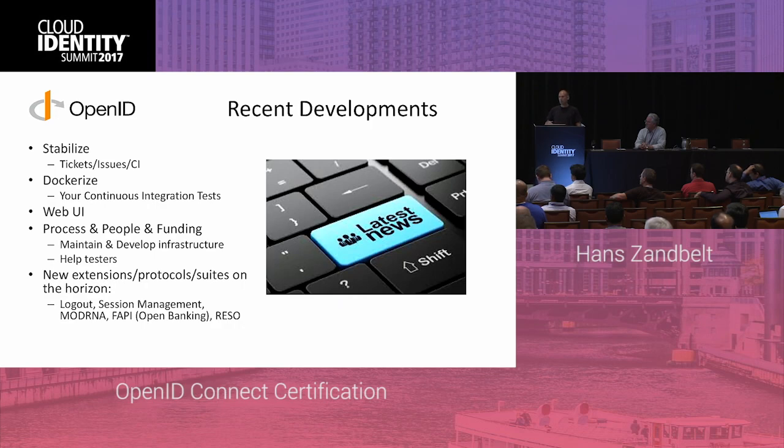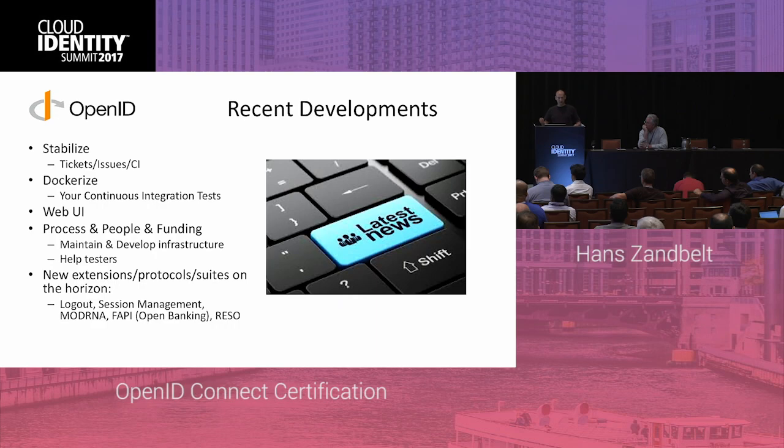We see this coming because we see other profiles of OpenID Connect under development, and some of these profiles are probably interested in building out certification for their own profiles on top of the existing certification suite. So that's what we're looking into today. There are additional features in the OpenID Connect specifications that are under development and will be standardized that we need to include, like logout and session management.